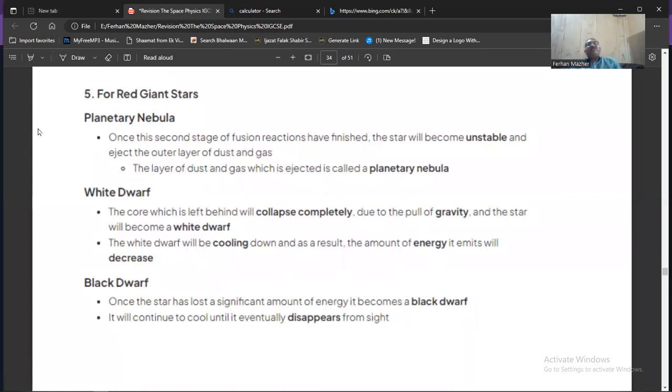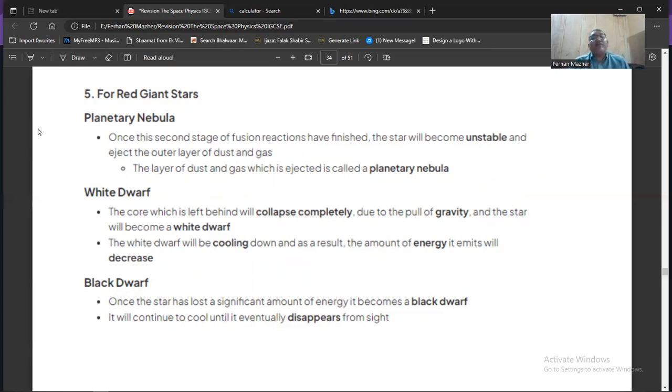For red giant stars, planetary nebula: once this second stage of fusion reactions has finished, the star will become unstable and eject the outer layer of dust and gas. The layer of dust and gas which is ejected is called a planetary nebula. White dwarf: the core which is left behind will collapse completely due to the pull of gravity, and the star will become a white dwarf.